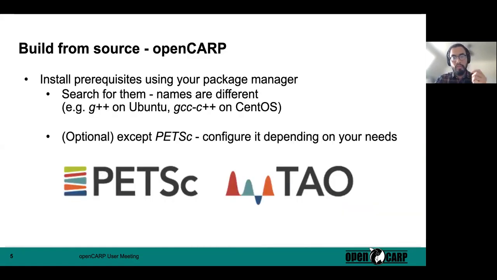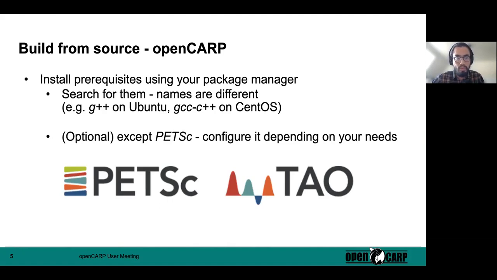Okay, so let's start with openCARP. First of all, the prerequisites are listed on the website, and remember to use your package manager to install them. We cannot list all the possibilities here because packages can have different names on different systems.